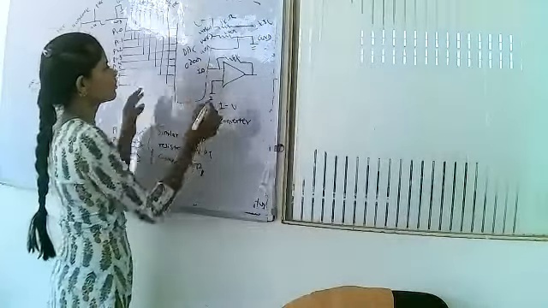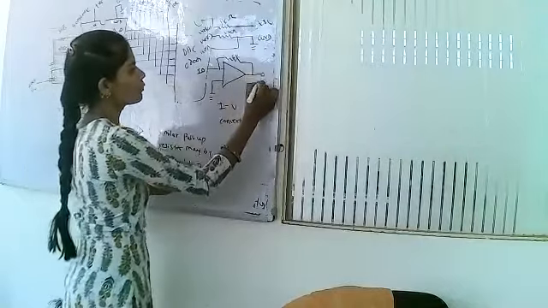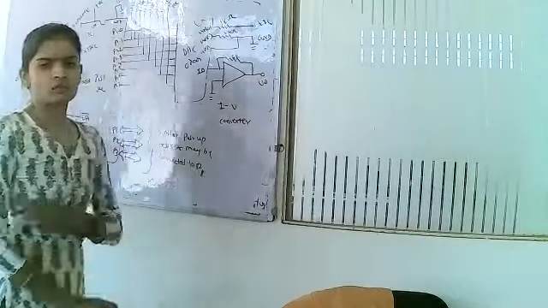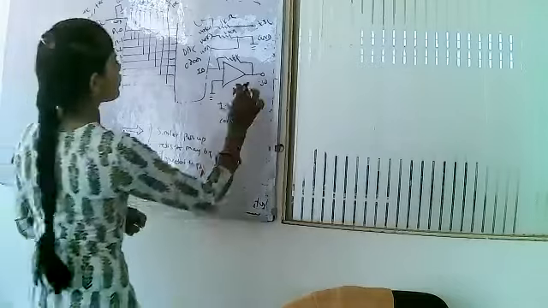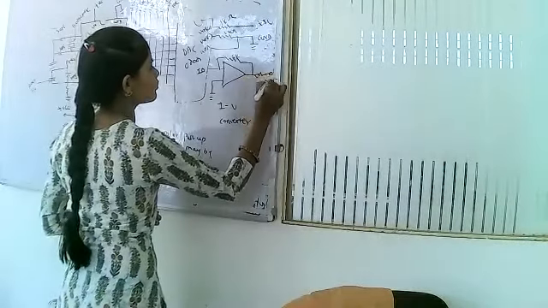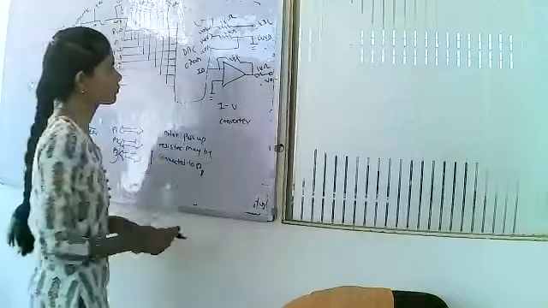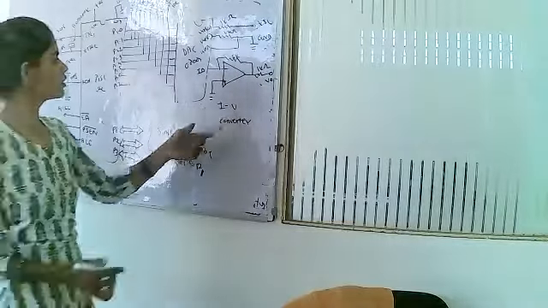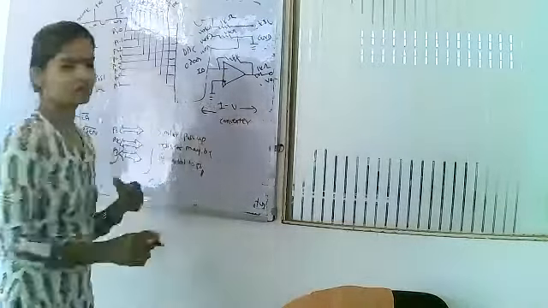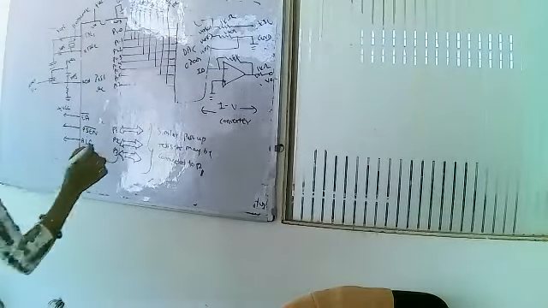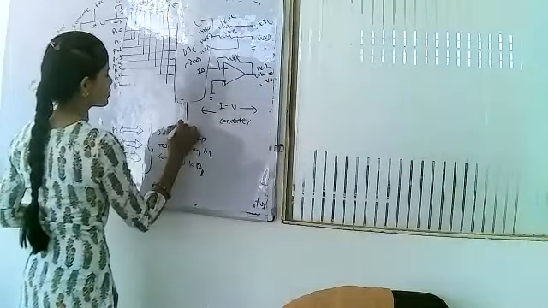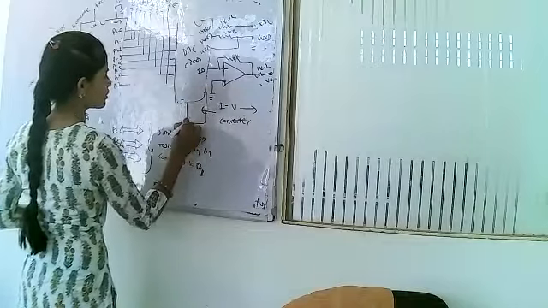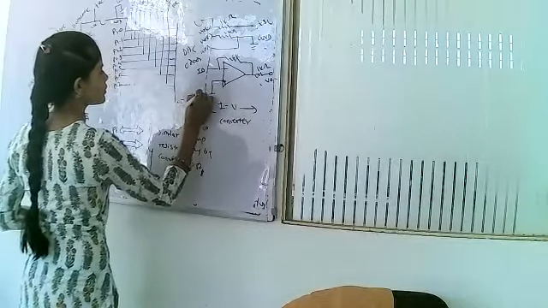We give the current I0, and the output is V out, voltage. This is the I to V converter for the 0808. This is minus VCC, and this circuitry is for compensation.